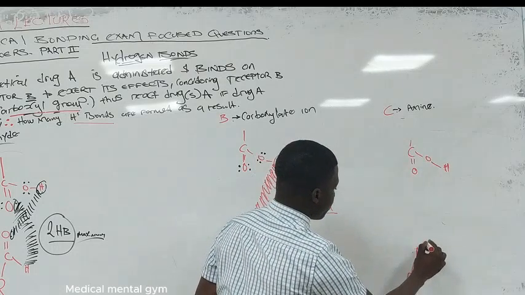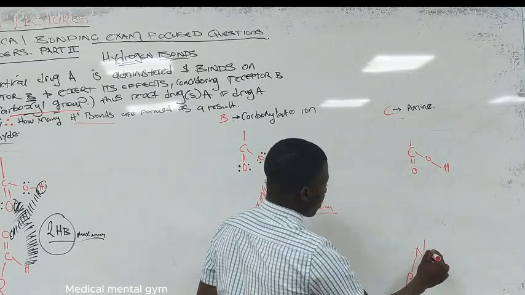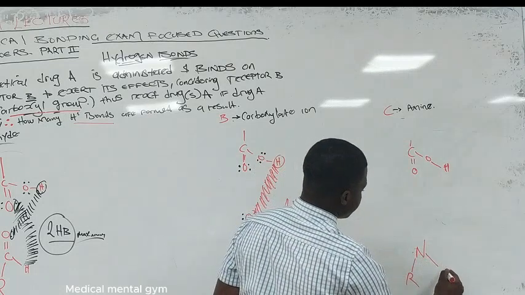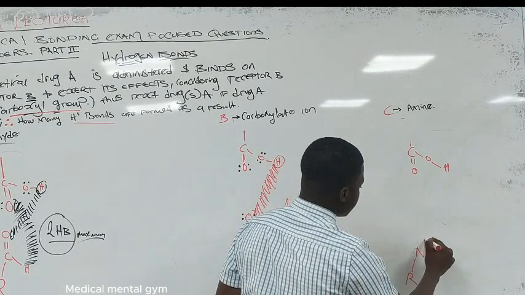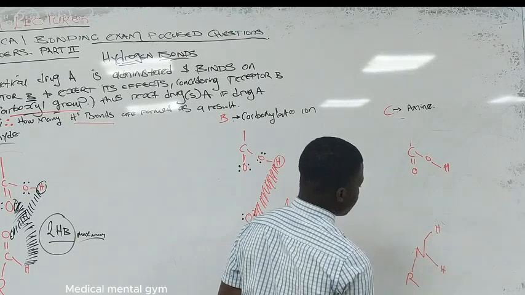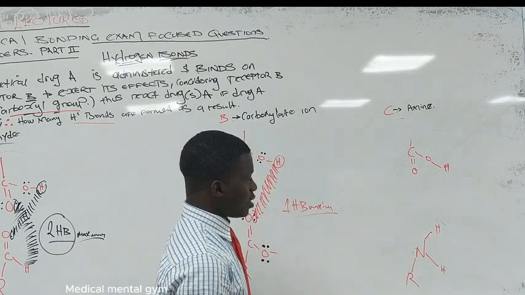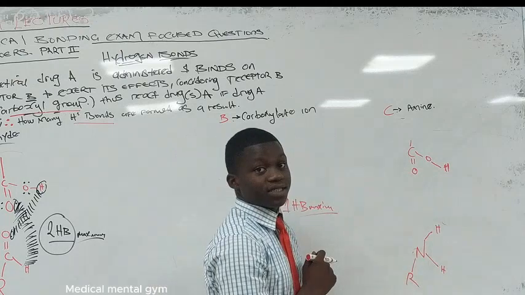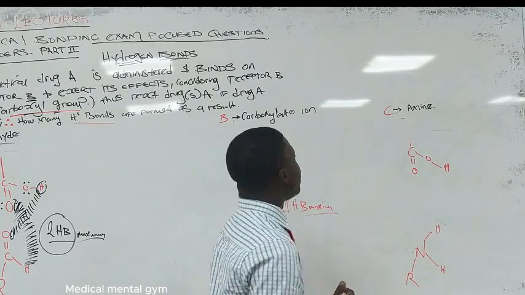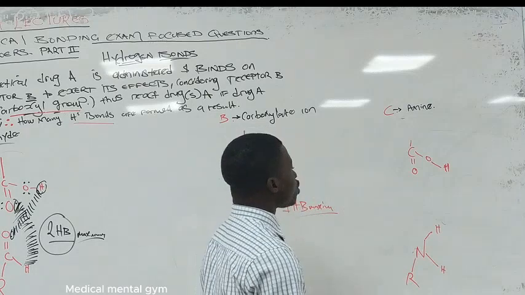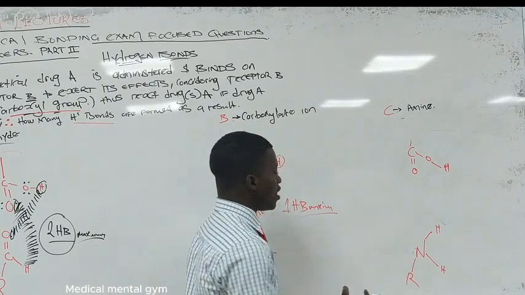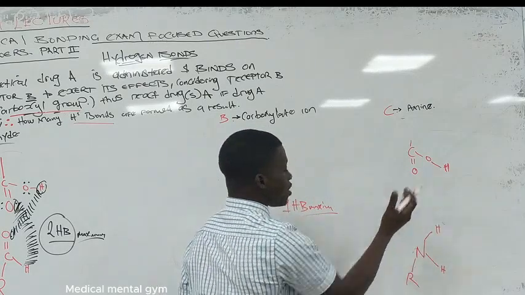So we have our nitrogen bound to hydrogen and another hydrogen. Our amine is then going to react with this receptor and form hydrogen bonds. The task is to find out the total number of hydrogen bonds that the amine can form with our receptor.